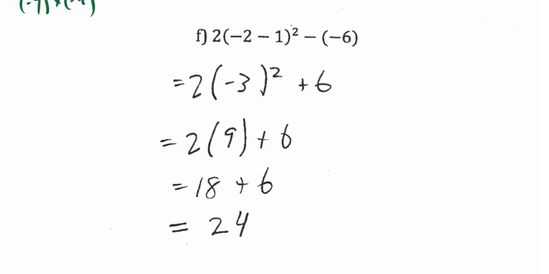Okay, and this one's a little bit longer, but it was really well done. So here's that same thing again, -2 minus 1. Start at -2 and go to the left 1. That ends at -3. -3 all squared is 9. And then I multiply 2 times 9 and multiply before I add. And I get 18 plus 6 is 24. Some people did add here first. That's a BEDMAS mistake.